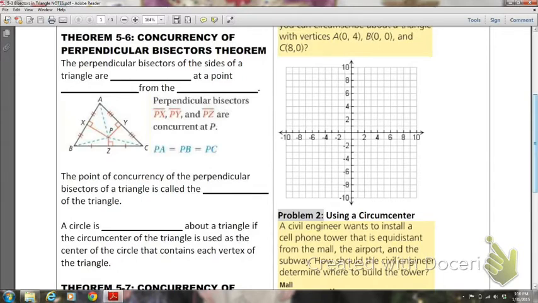So the concurrency of perpendicular bisectors theorem says that the perpendicular bisectors of the sides of a triangle are concurrent at a point that is equidistant from the vertices.